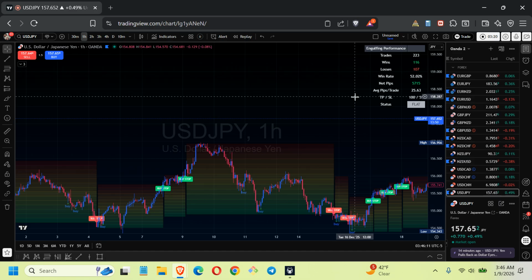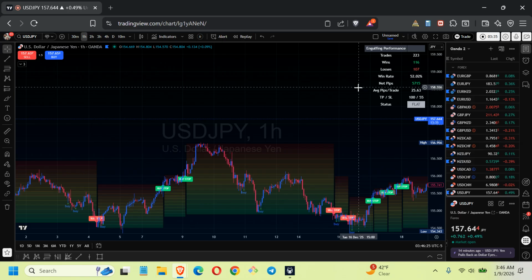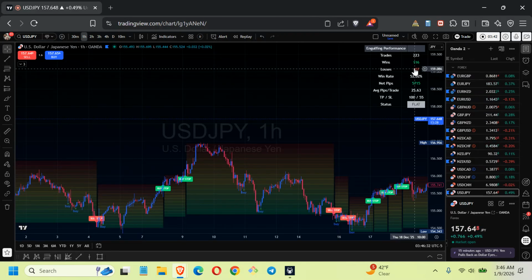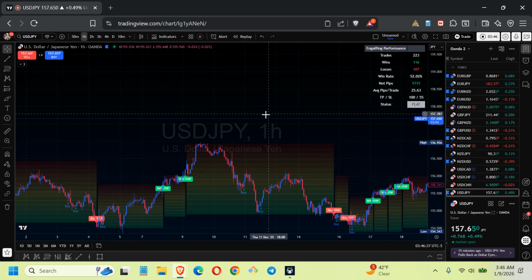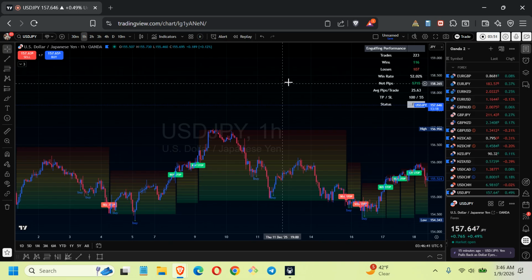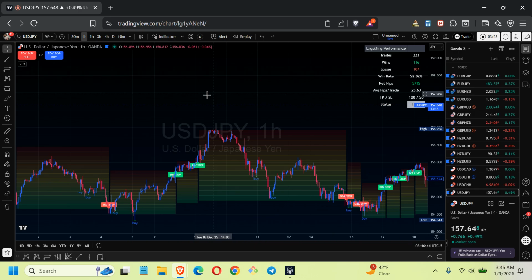Average pips to trade 25 pips per trade, or whatever. Net pips 5,715.52. This win rate should be higher, but whatever. 223 trades. And this is over, well, I think this is a year. I think that time frame's a year.